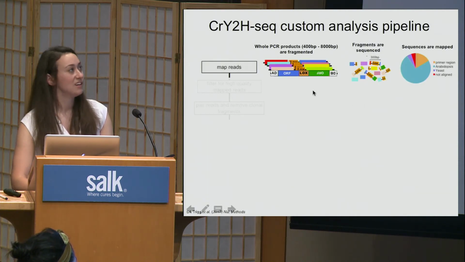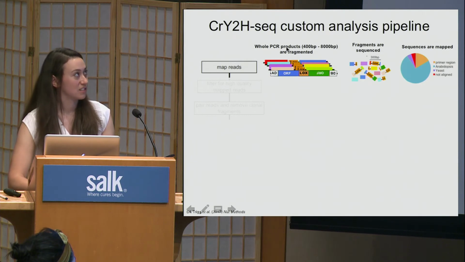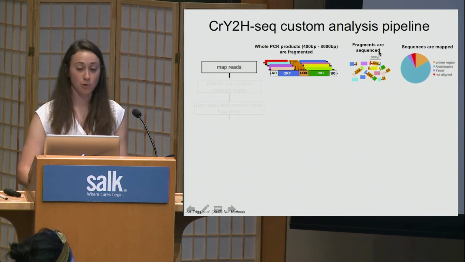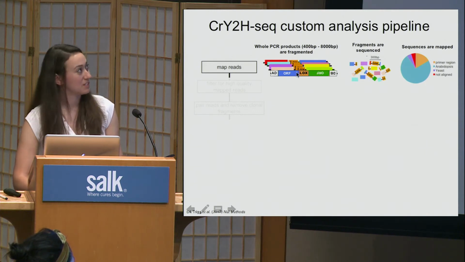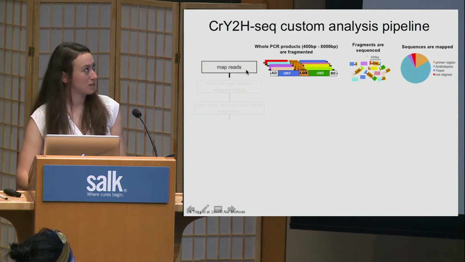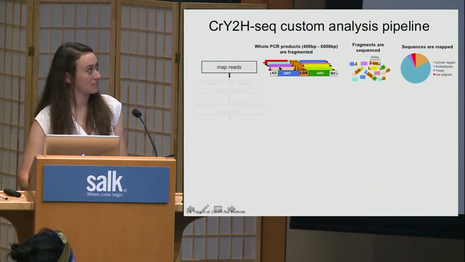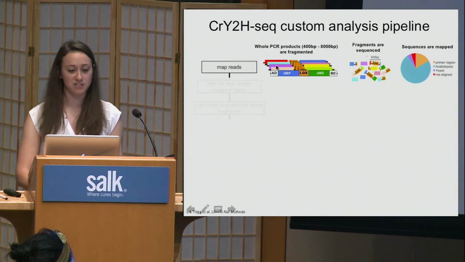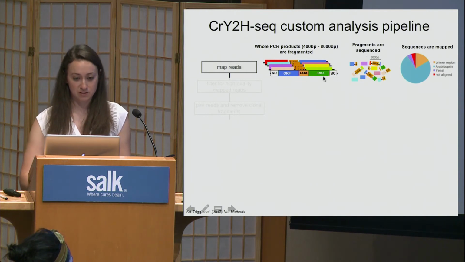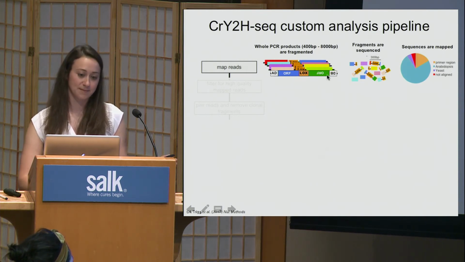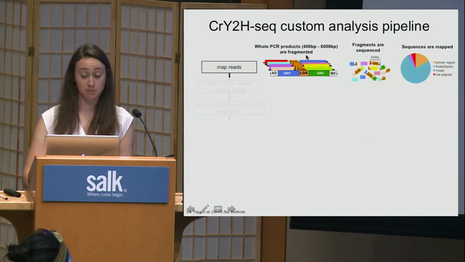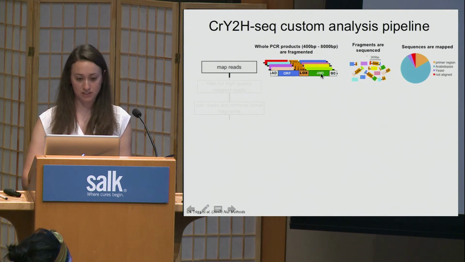And then I created this custom sequence analysis pipeline because one didn't already exist for identifying the protein interactions. And the first step is to map the reads. So let's remember what we're actually putting on the sequencer. It's these whole pieces of DNA. These are the PCR products, and they are about 400 to 8,000 base pairs depending on the size of the coding sequences.